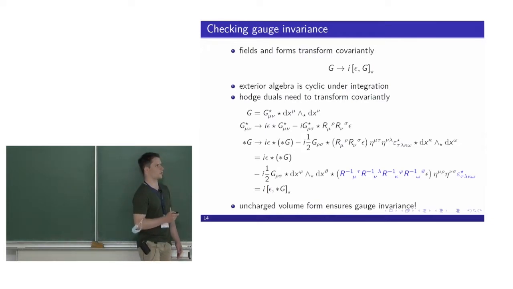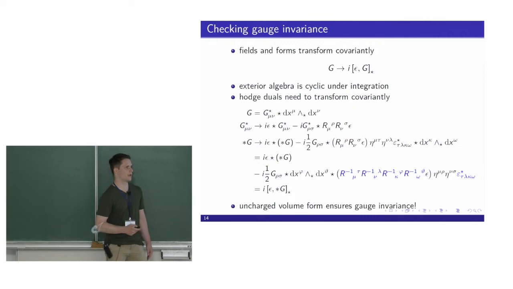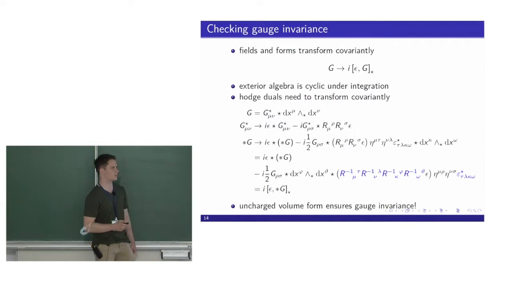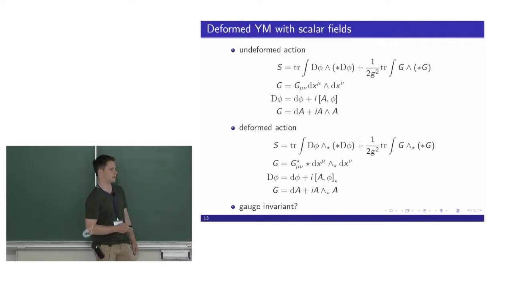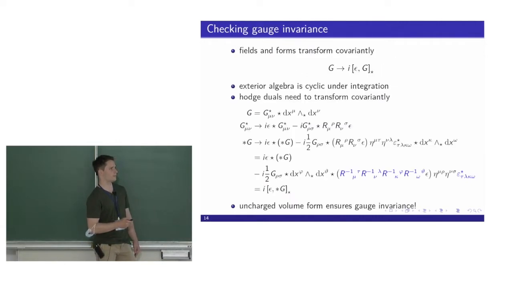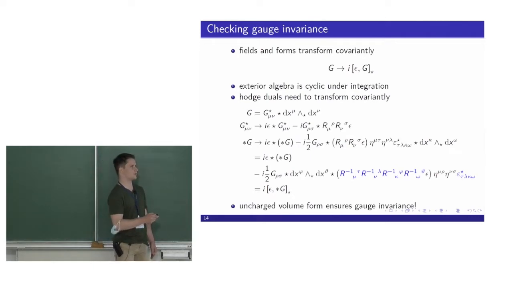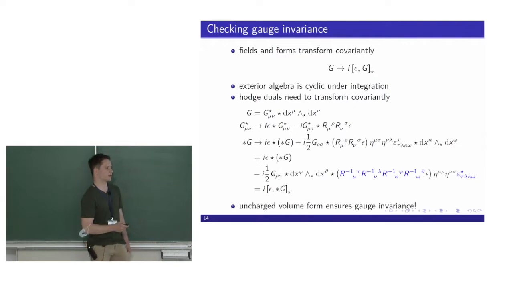And this is what remains to be checked. Therefore, we need first to calculate the transformation rule of these starred component fields that appear in the gauge form. To get this transformation rule, the first term immediately follows from this commutator, but for the second term, we first need to move this epsilon over these two basis 1 forms.